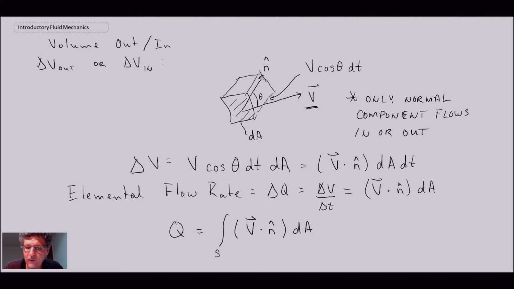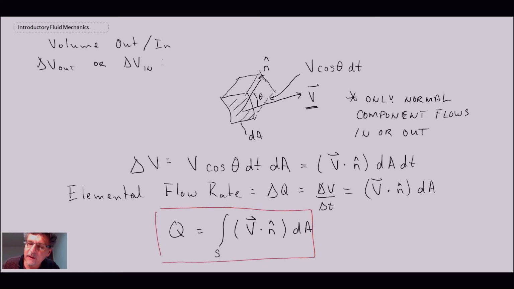So you would integrate over the entire surface, and from that you would be able to determine the volumetric flow rate either going into or leaving a surface. And so we use the dot product in order to enable us to do that.